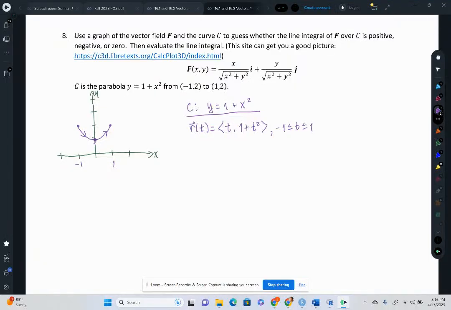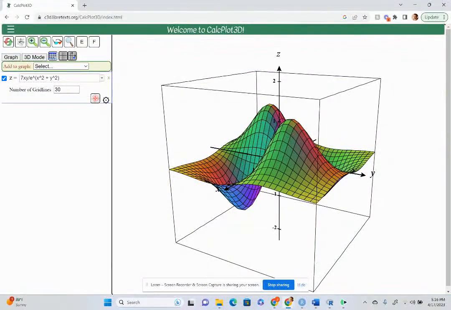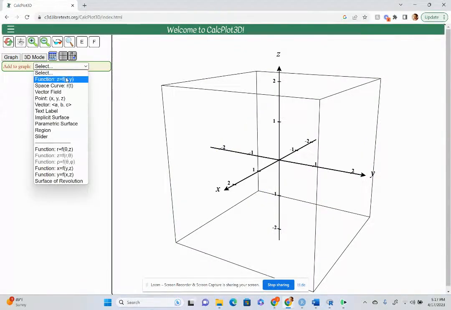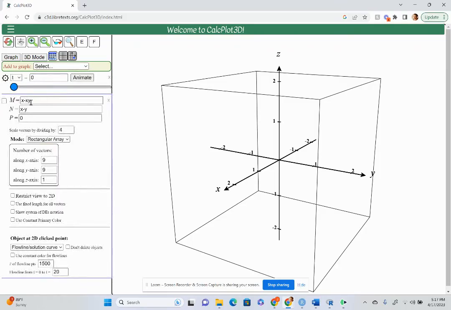Okay, now before I go any further with that one, I want to go ahead and pull up, here we go, CalcPlot 3D, and I'm going to get rid of what's on there by clearing it out. I want to put a vector field in here, and so I need components.